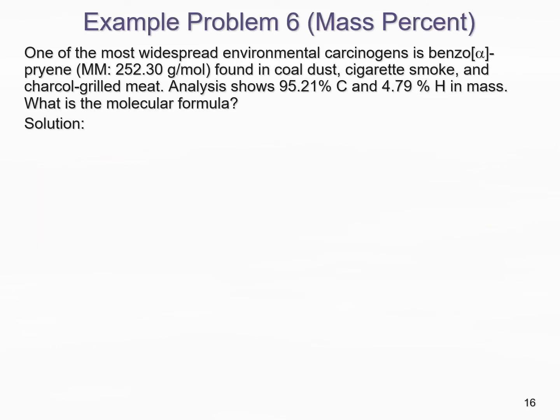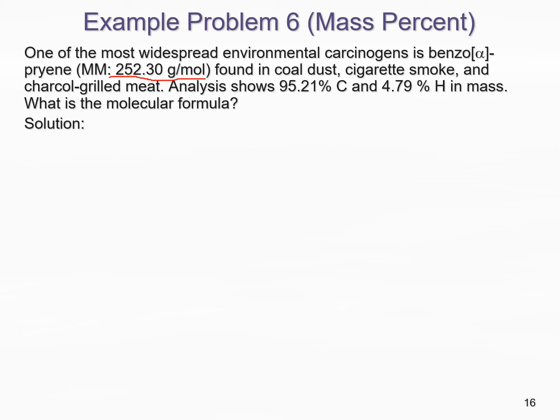All right, in this example we have some compound. This is a carcinogen, so the compound can cause cancer. It is called benzo[a]pyrene. Complicated one, but we know the molar mass: 252.30 grams per mole.